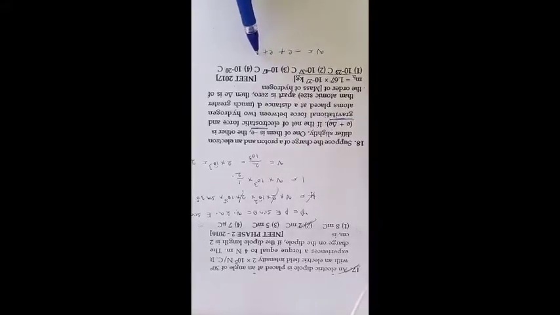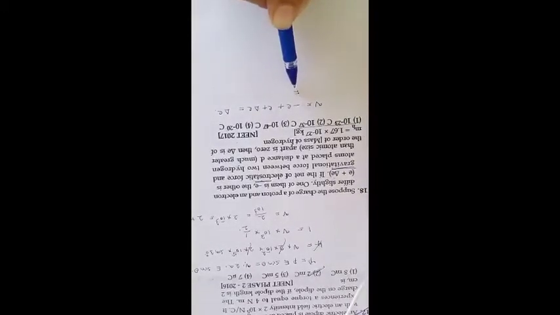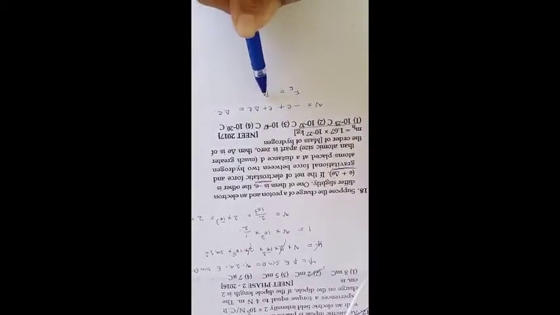So what is the net charge between them? Net charge is equal to minus E plus delta E, and this value will be delta E. Then gravitational force is equal to electric force: Fe is equal to Fg.